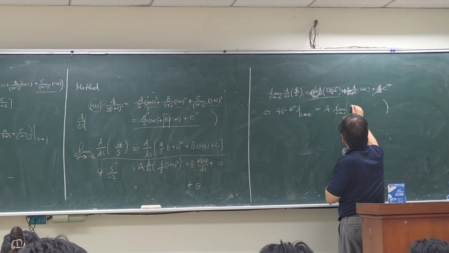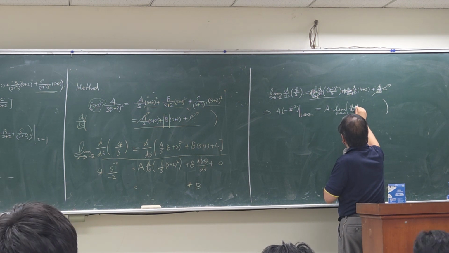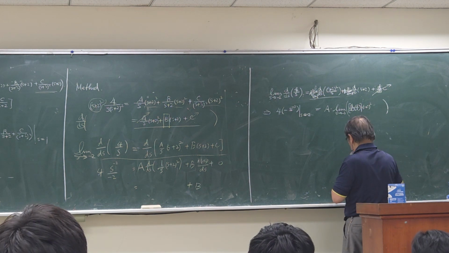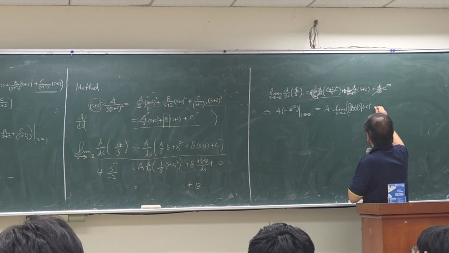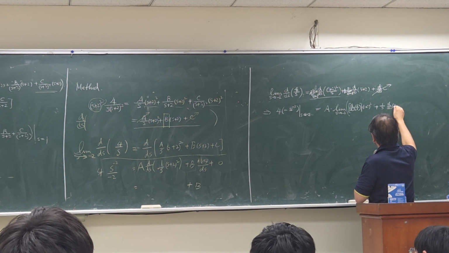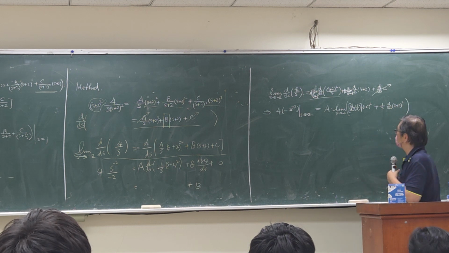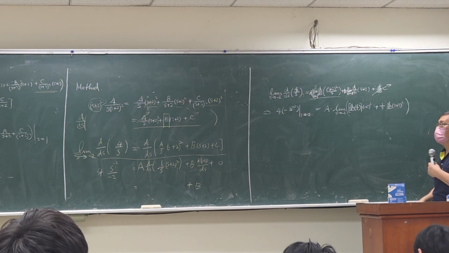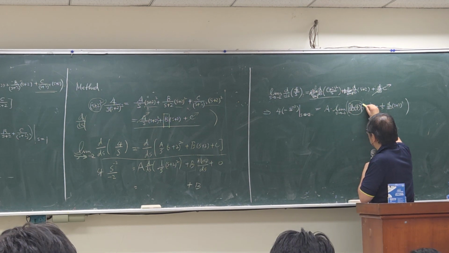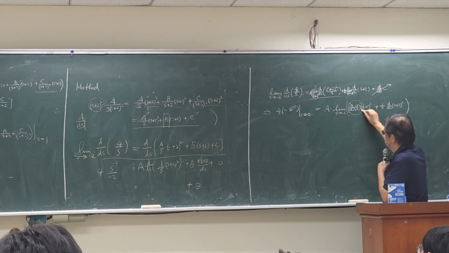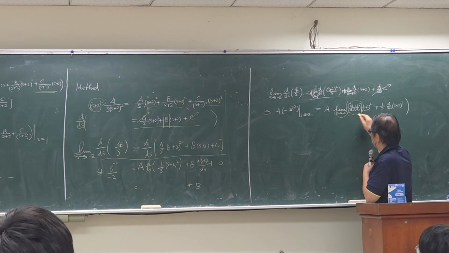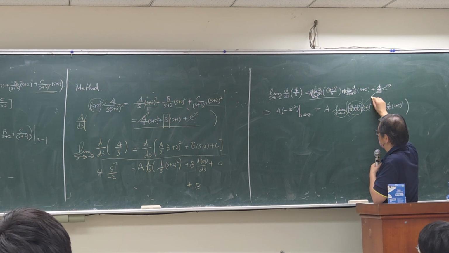We have d over ds of 1 over s, times (s plus 2) squared, and then 1 over s times d over ds of (s plus 2) squared. No matter what this differentiation is, it's multiplied by (s plus 2) squared. When we let s approach negative 2, this will disappear after taking the limit.